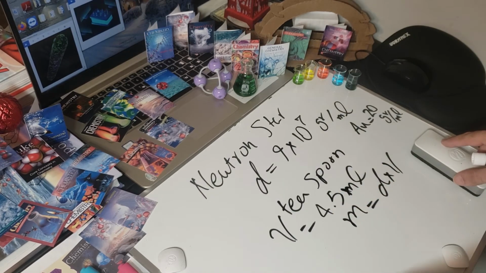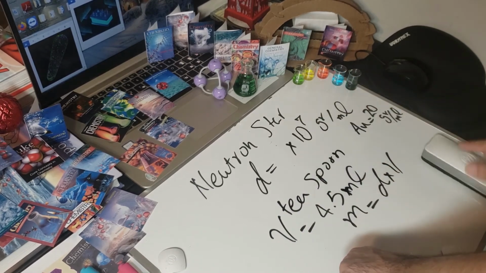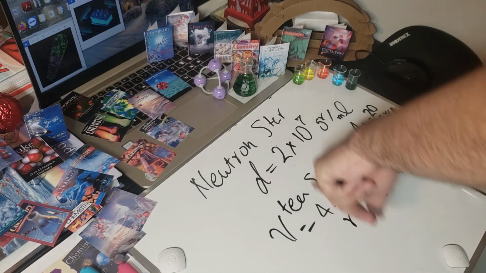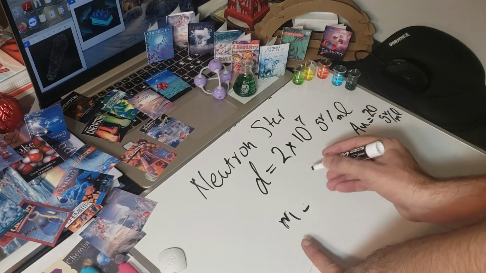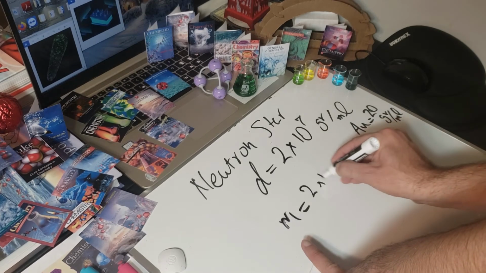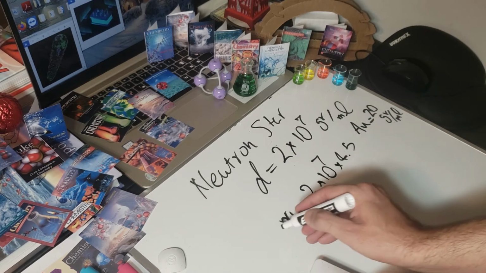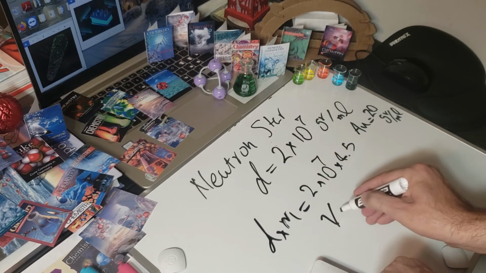Oops, that was 2 times 10 to the 7. Okay, so this times that, and my mass then would be 2 times 10 to the 7 times 4.5, mass is my density times my volume.